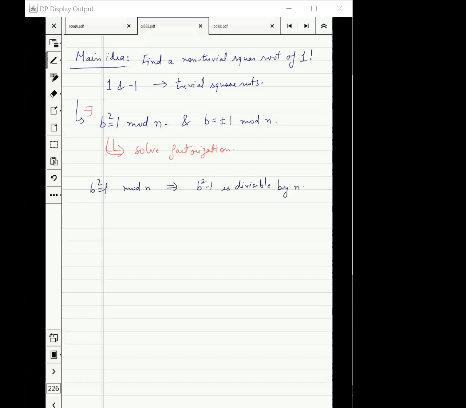Now I can factorize: b minus 1 times b plus 1 is divisible by n. Now GCD of b plus 1 comma n will give a non-trivial factor.